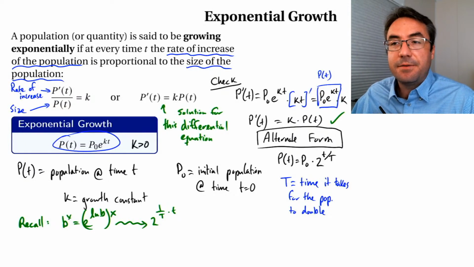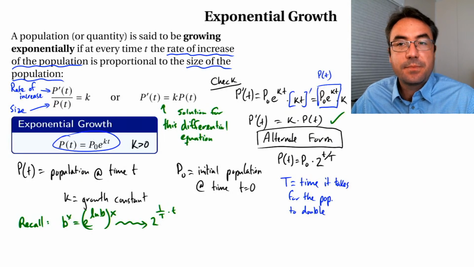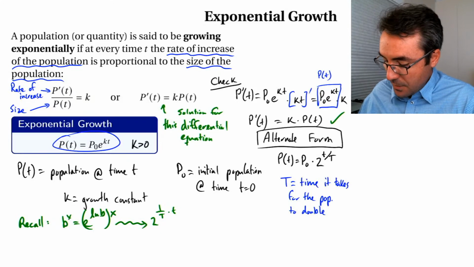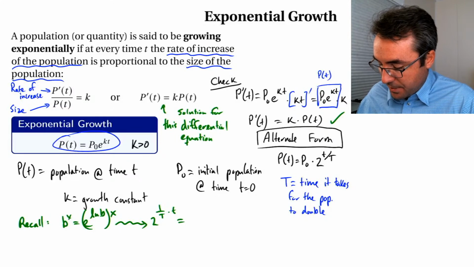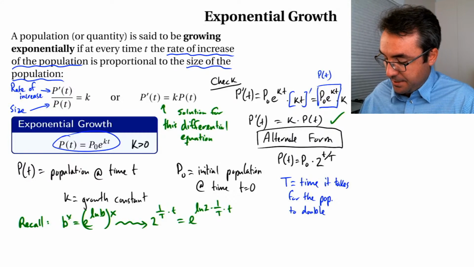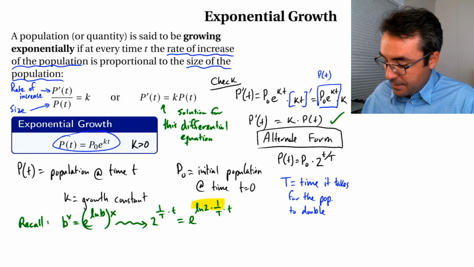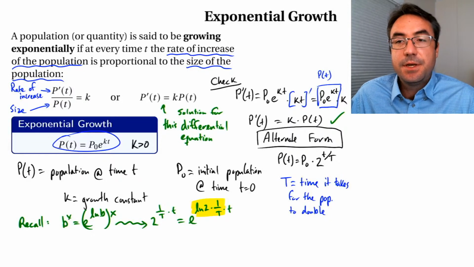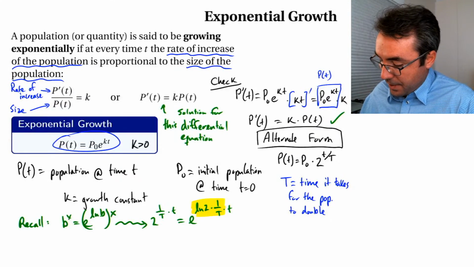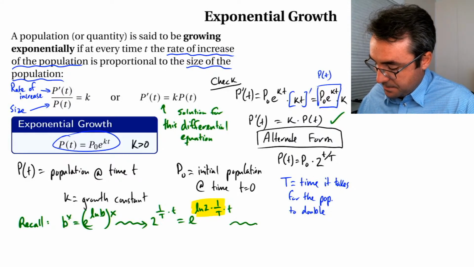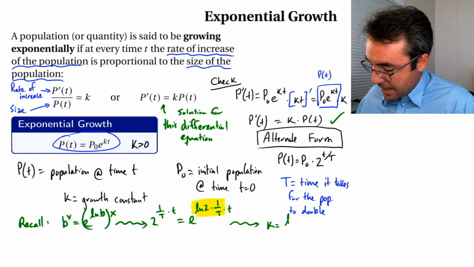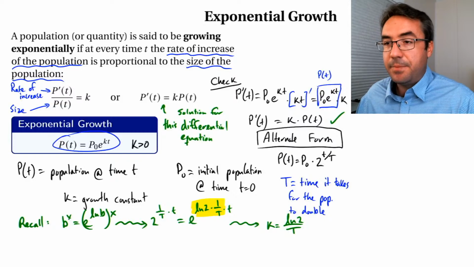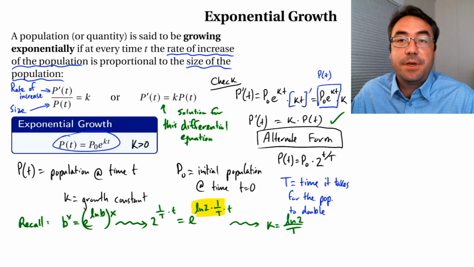So if we rewrite that exponential as 2 raised to the power 1 over capital T times lowercase t, and then apply the change of base formula there, we get e raised to the natural log of 2 times 1 over capital T times lowercase t. And then we see what k here actually is. So we can think of k, the growth constant, as the natural log of 2 divided by the time it takes for the population to double.